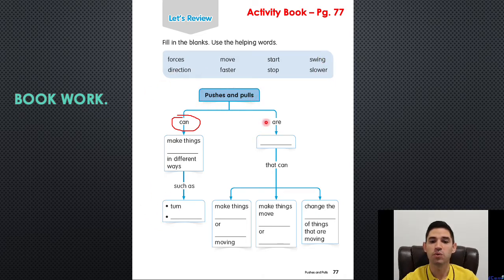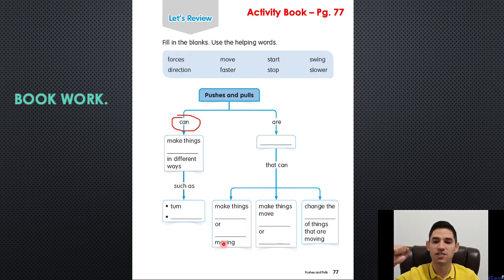Now, pushes and pulls are. What are they? Remember at the beginning of these lessons that we had, in one of the videos I explained to you what pushes and pulls are, and I said, remember this word, it begins with f. They are f. Okay? And that can make things start or stop moving.